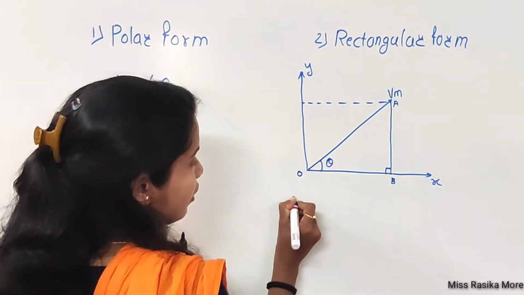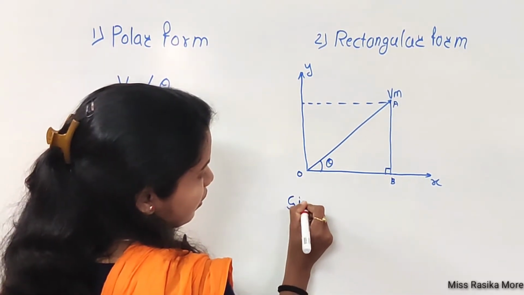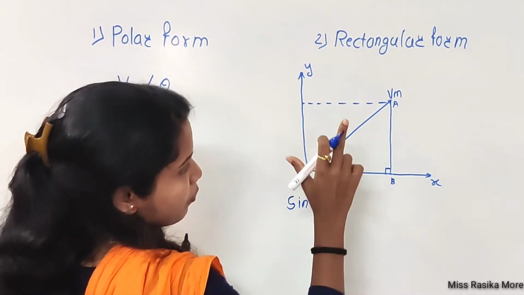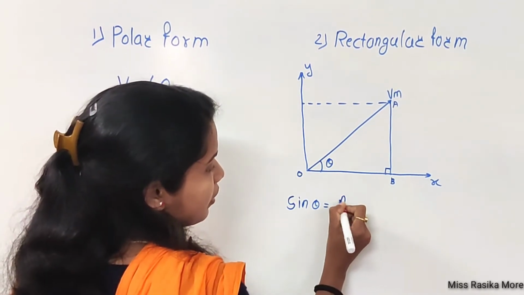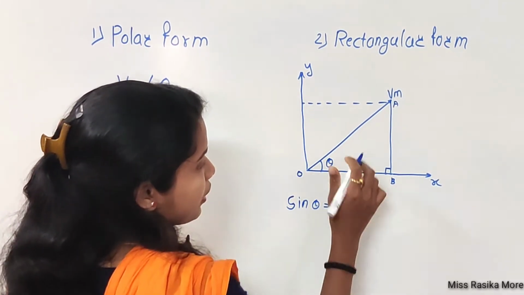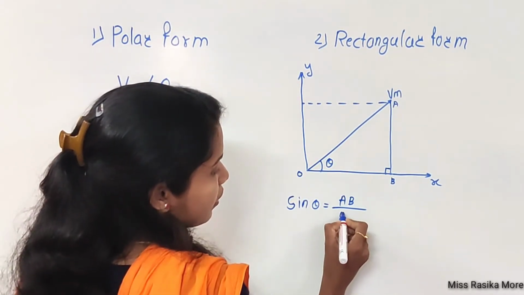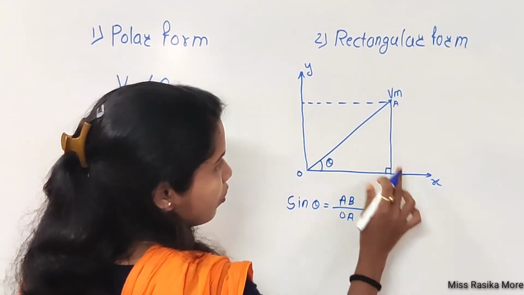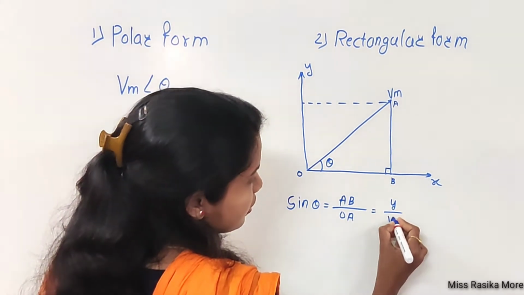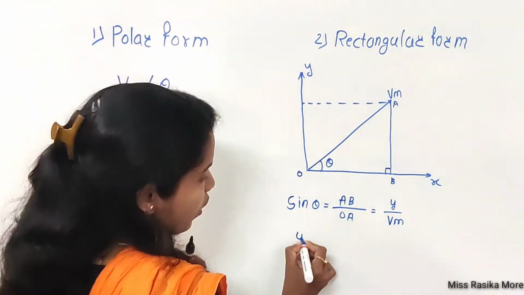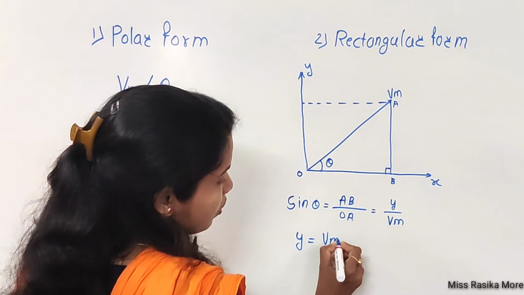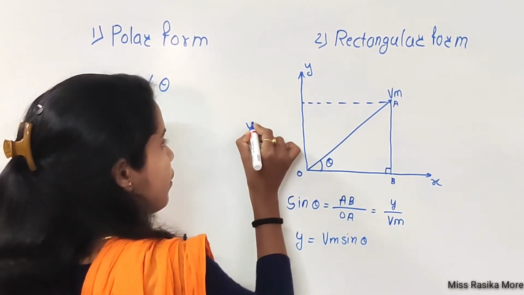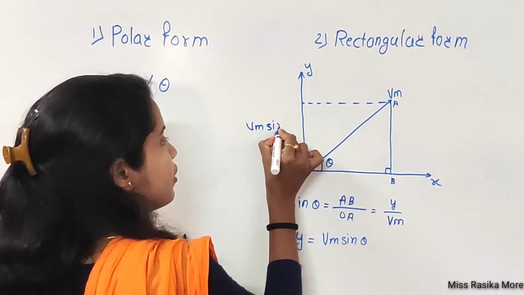In a right angle triangle, sin theta is equal to opposite by hypotenuse. So the opposite side is AB upon hypotenuse OA. AB means the y component and OA means hypotenuse, that is Vm. Hence y is equal to Vm sin theta.